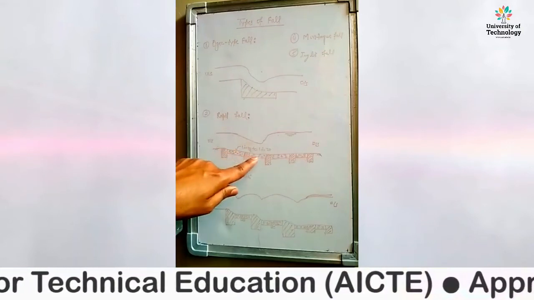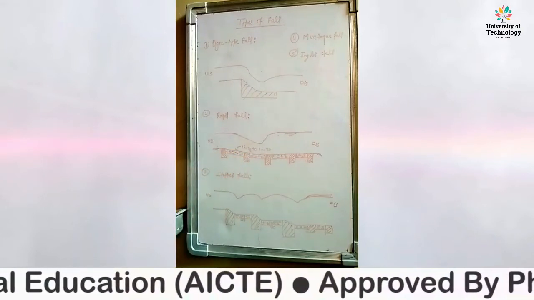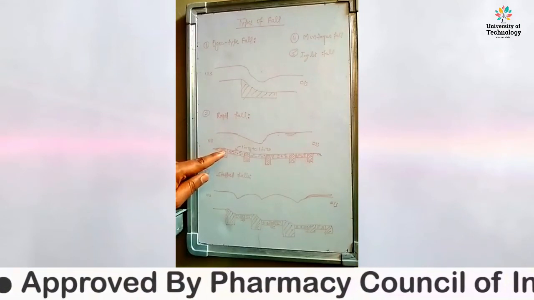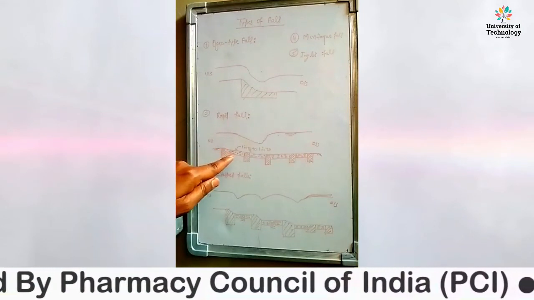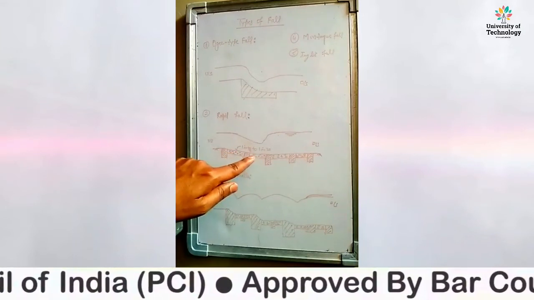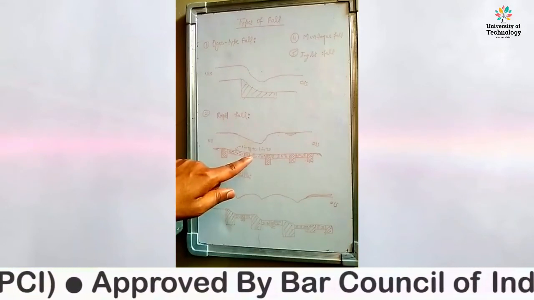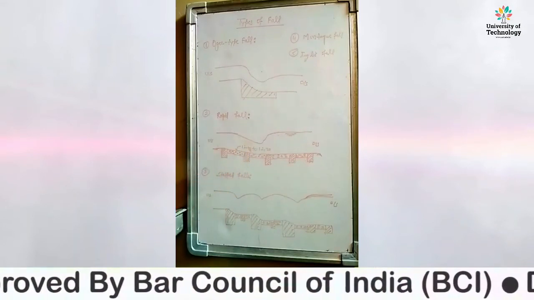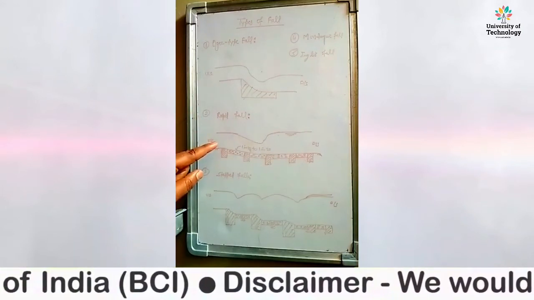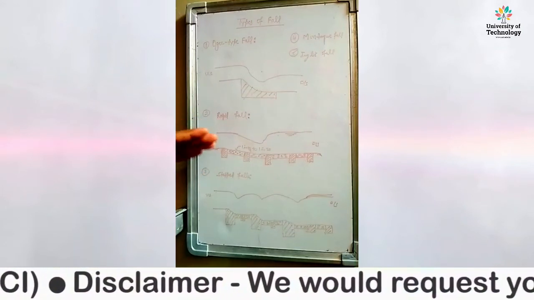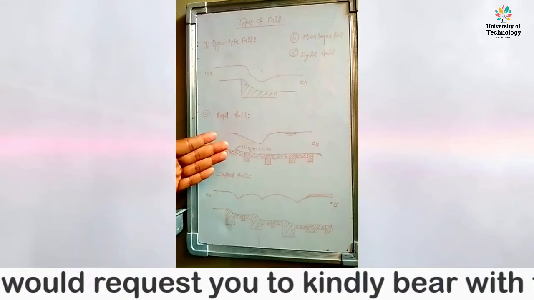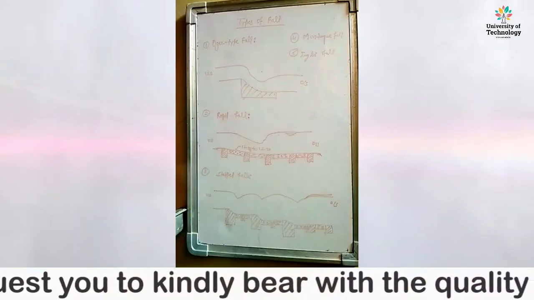These falls were also provided with boulder facing, and they worked quite satisfactorily at that time. Right now we can also see this type of rapid fall in construction.